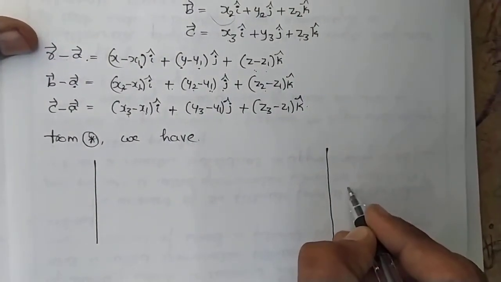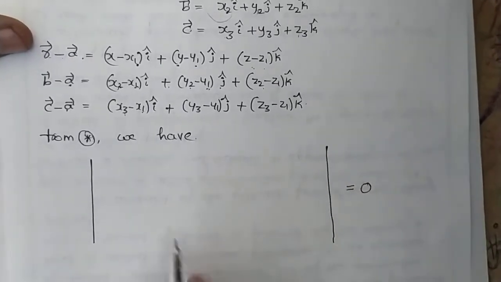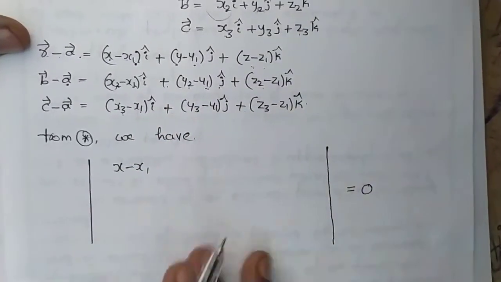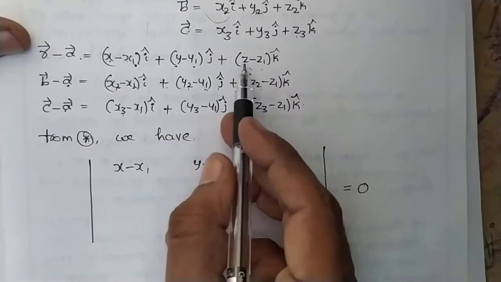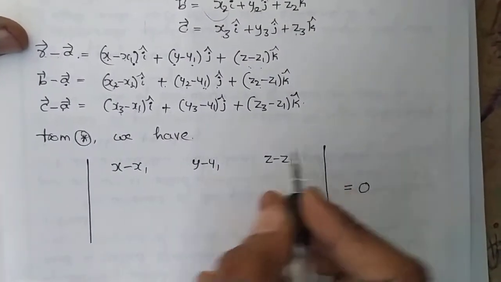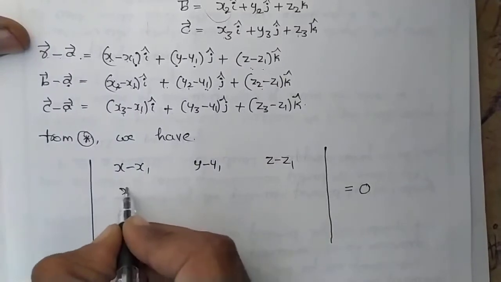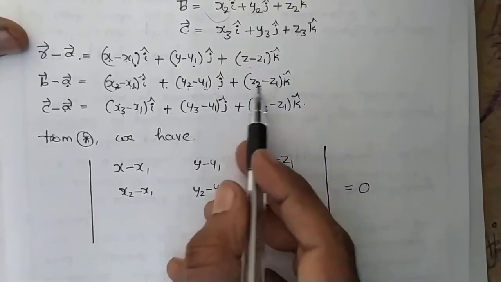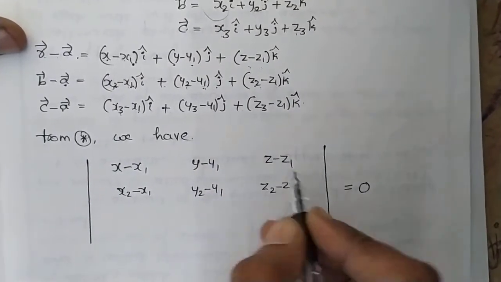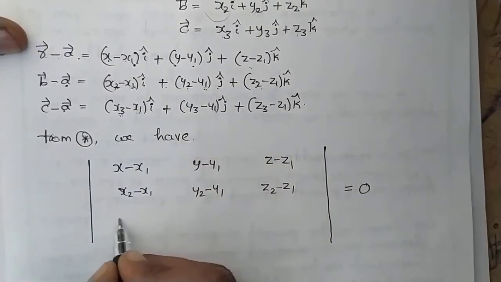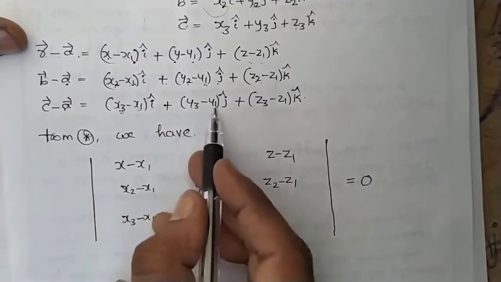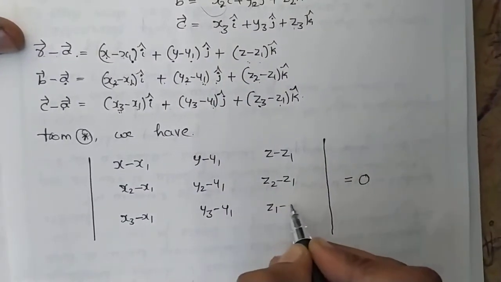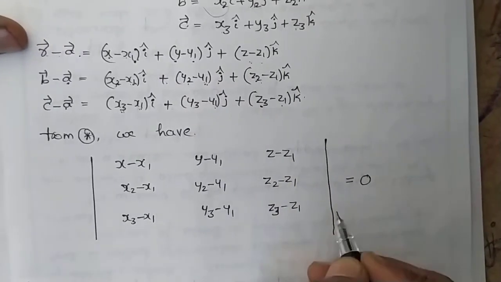After applying the scalar triple product, we will get this step equals 0: the determinant with rows x minus x1, y minus y1, z minus z1; x2 minus x1, y2 minus y1, z2 minus z1; and x3 minus x1, y3 minus y1, z3 minus z1, equals 0.